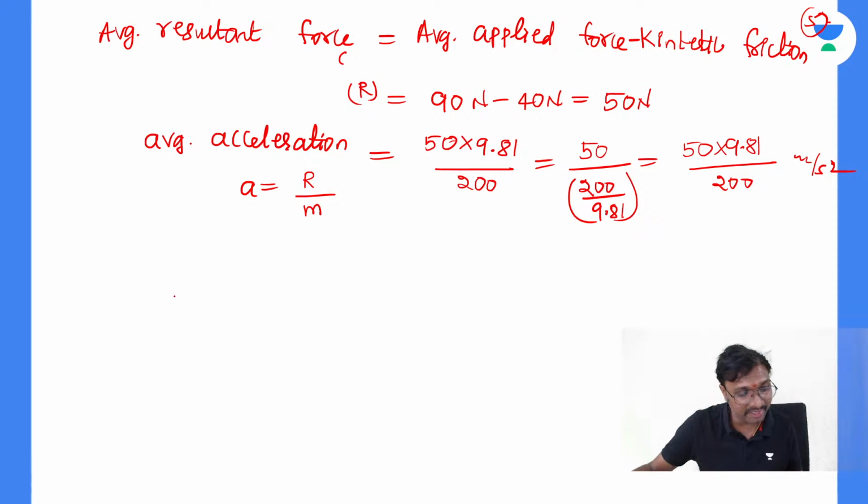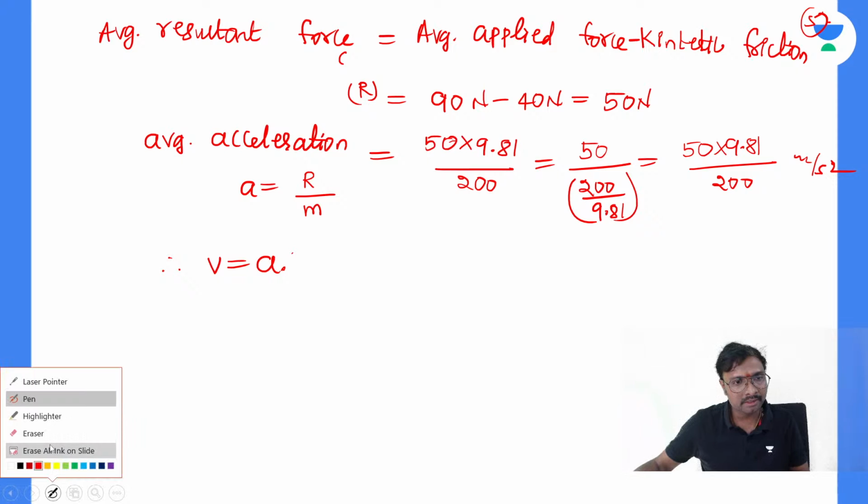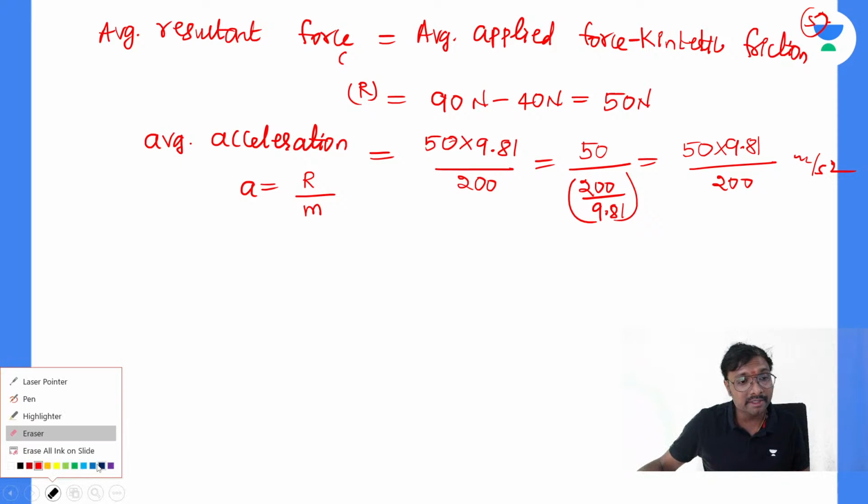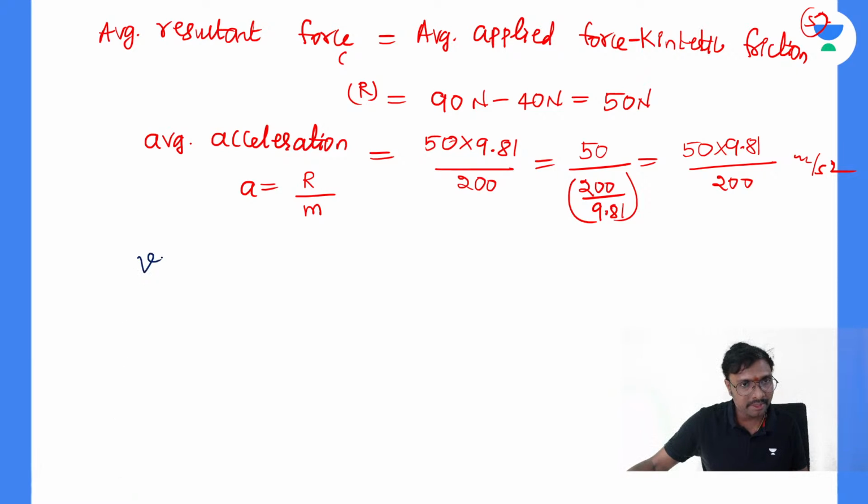But what is asked? Velocity is asked in the question. Therefore, what is the velocity? Velocity is equal to acceleration into time. First of all, v is equal to u plus at. What is the initial velocity? In the initial condition, it is stopped.